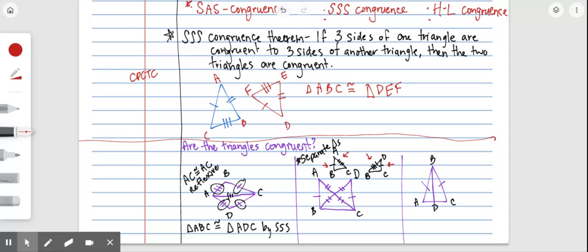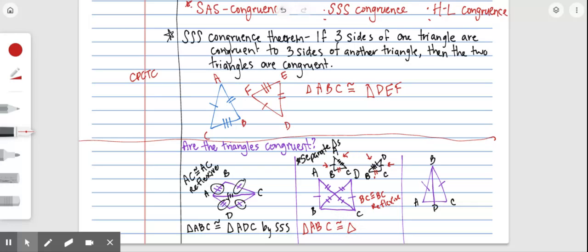But I know that BC is congruent to BC by reflexive property, just like on the last one when I said that AC was congruent to AC. So then I've got a mark of 2 here. Why not? And so I know that triangle ABC is congruent to triangle.